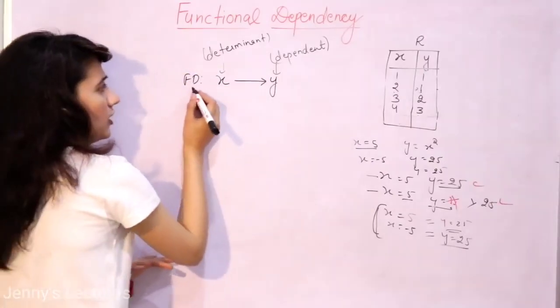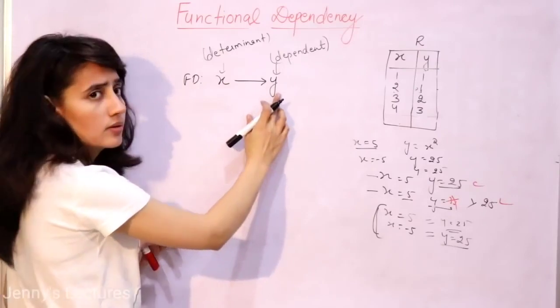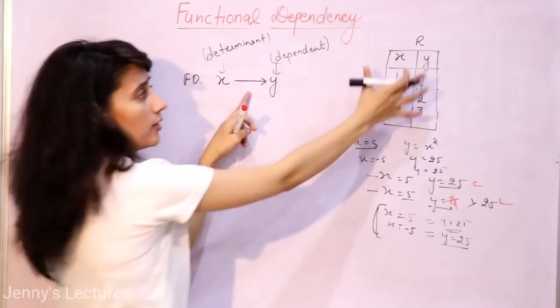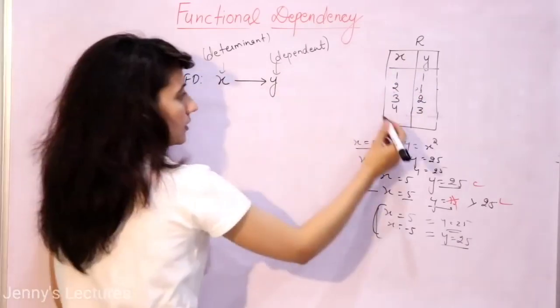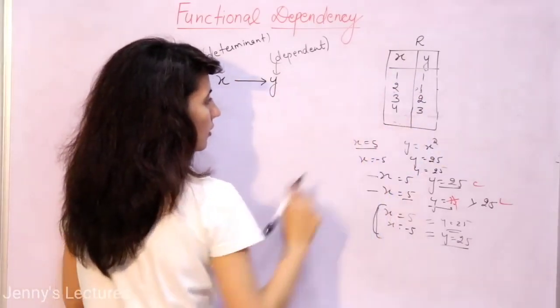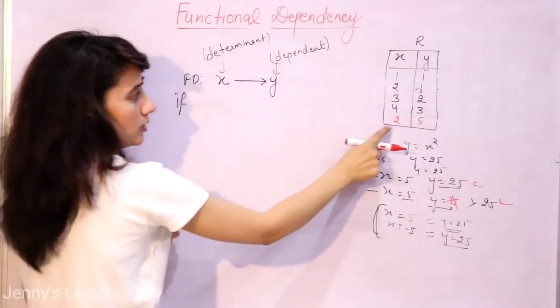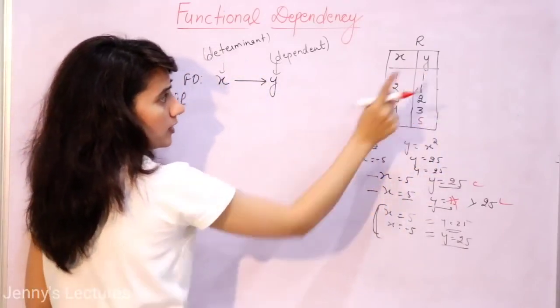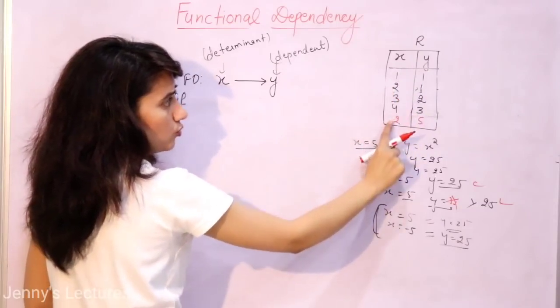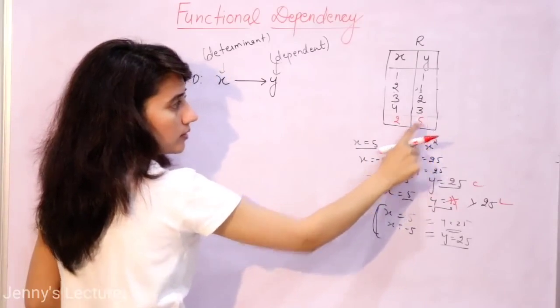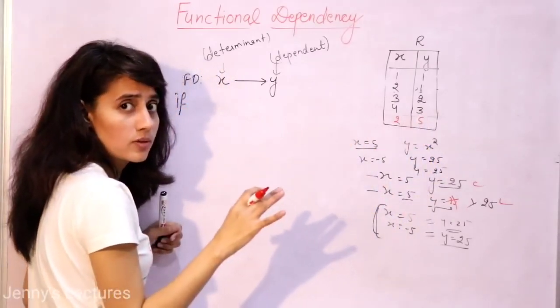Now formally, how to write down the definition of this functional dependency? See, functional dependency x to y means x determines y. This is true on a relation if, see, I am taking the case, here I have 2 and here I have 5. Now see, here x determines y, that is not true because the x value is 2 but the y value is here 1, here 5. If here I can write 1, then this would be a functional dependency, right?